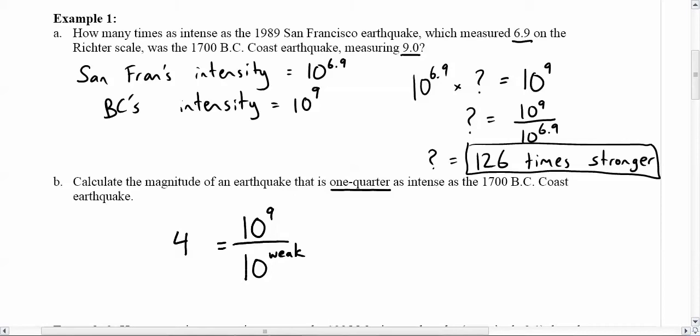So now we just need to solve this for the weak earthquake. Let's multiply 10 to the power of the weak one on both sides, and we can divide both sides by 4.